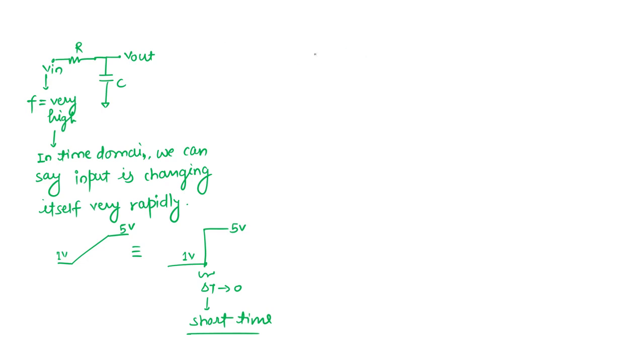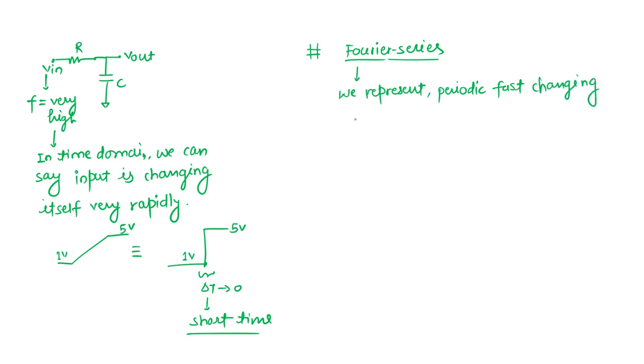Okay. So in general, if I elaborate more on this concept, if we have seen the concept of Fourier series, what we do in Fourier series is we represent periodic fast changing signals as sinusoids of particular frequencies.